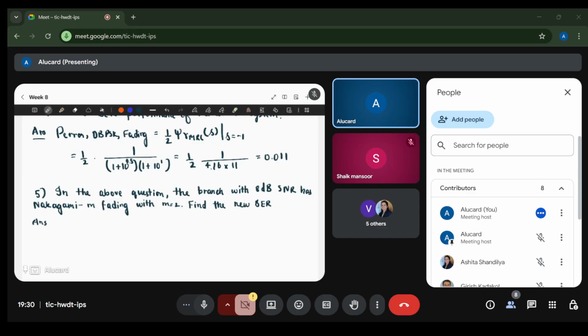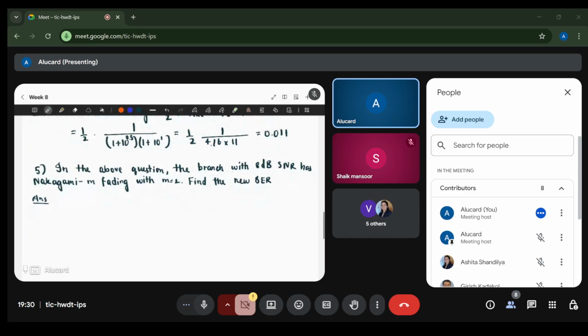Okay, in this new scenario, we are still following the BPSK. I'll just write it as fading.